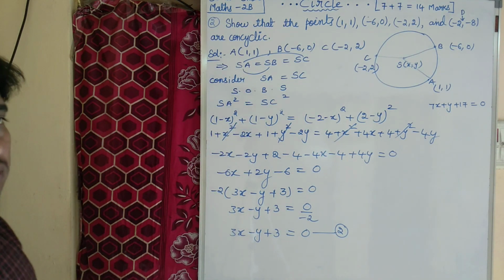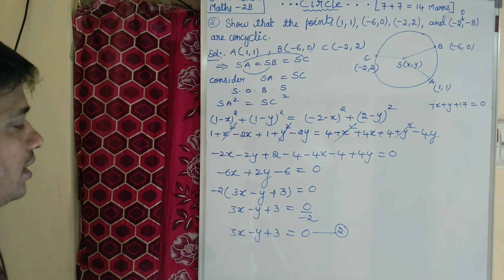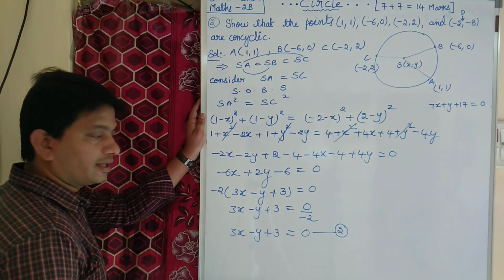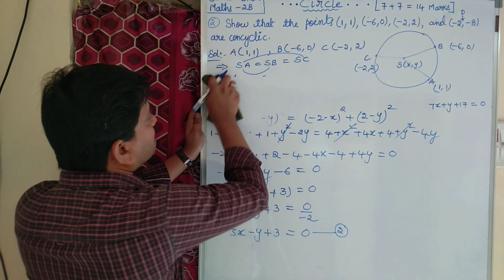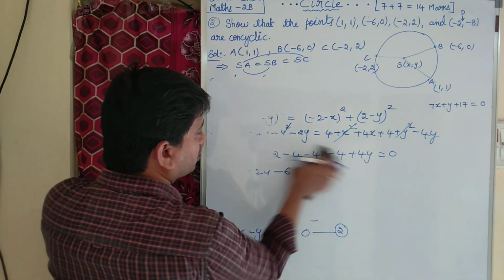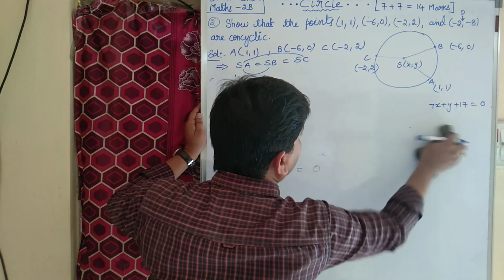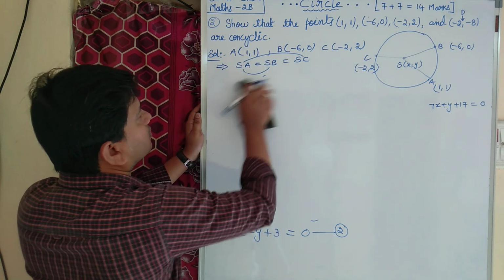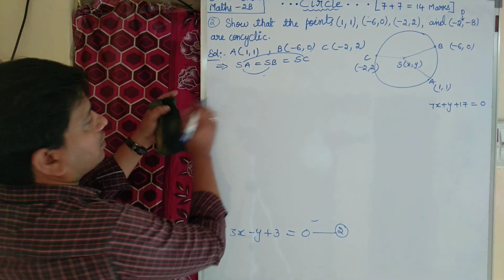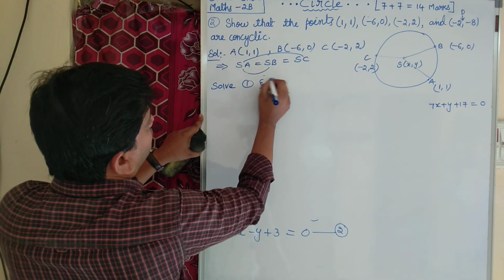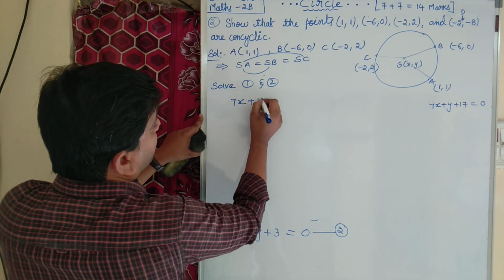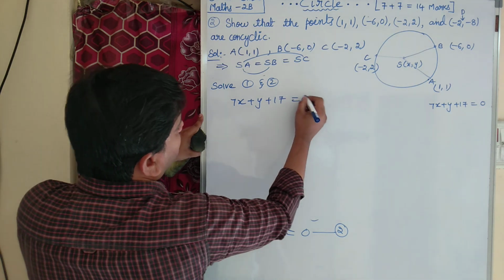Children, did you understand? We found SA and SC, and we got equation number 2. Now what we have to do is solve equation number 1 and equation number 2. Equation number 1: 7x plus y plus 17 equal to 0.